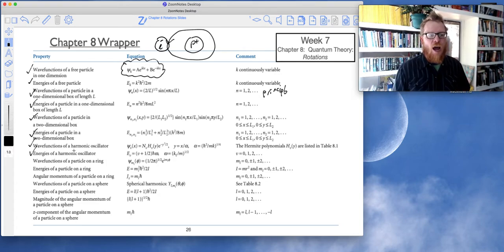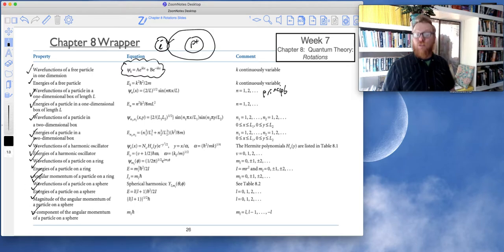So as it turns out now, all of these things we've talked about on rotations, particularly the quantum numbers, as well as all of this angular momentum stuff, that's going to be really, really important for building up our hydrogen atom model. So wave function for a particle on a ring and the energies, angular momentums, particle on a sphere, and so forth.